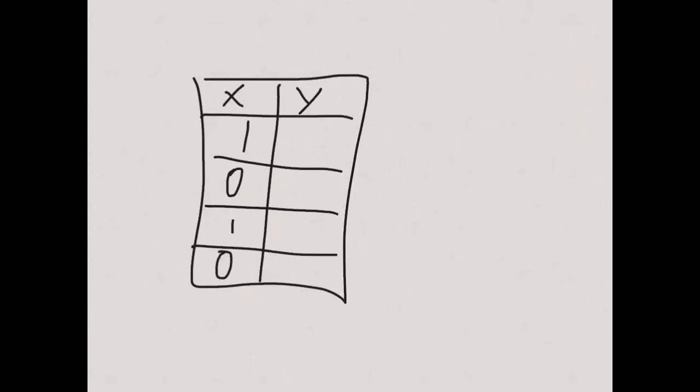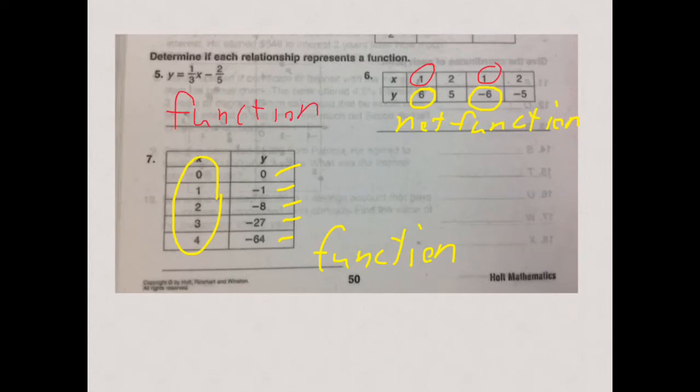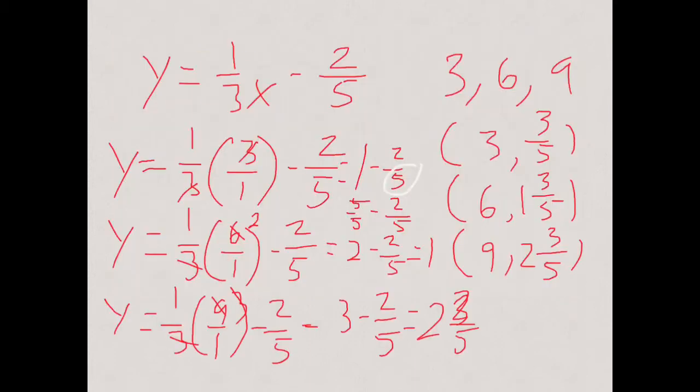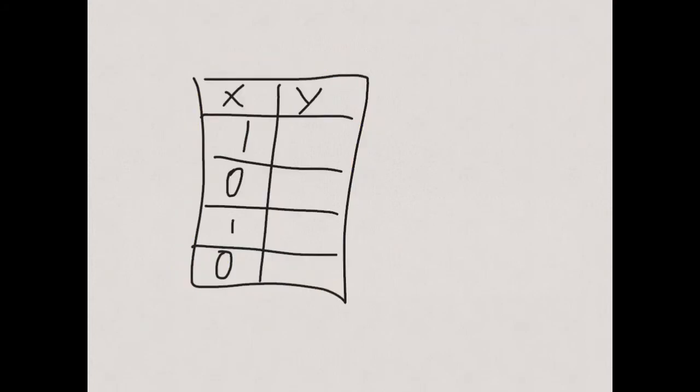Okay, it's not because X repeated that I decided the other one was not a function. It's because I did have X repeat. Now, if you look also right here, 2 repeats, and it has 5 and negative 5. Again, that makes it not a function. If it repeats, it has to have the same Y for both of them, and I'll show you what I mean right here.